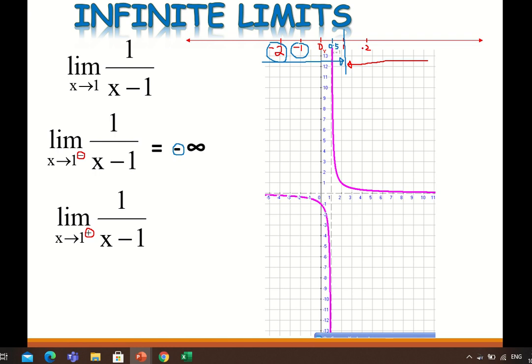Now assuming x takes a value before 1, say 0.5, then you have 1 divided by 0.5 minus 1.